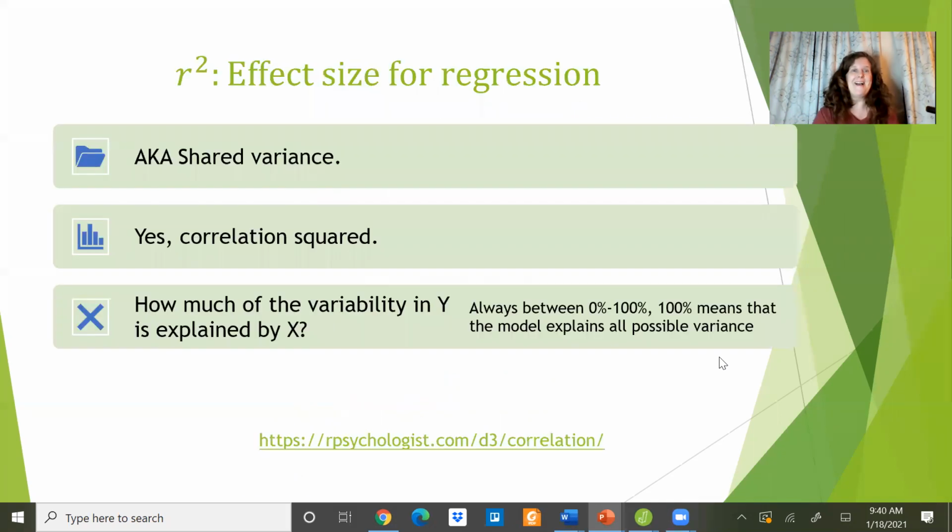Stats joke. So one way to evaluate your regression is via p-value, but also r-squared, which is like an effect size. R-squared is indeed just your correlation coefficient, the Pearson's correlation coefficient squared, known as shared variance. How much variability in Y is explained by X?